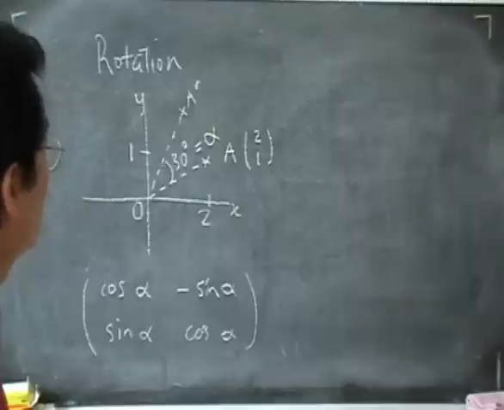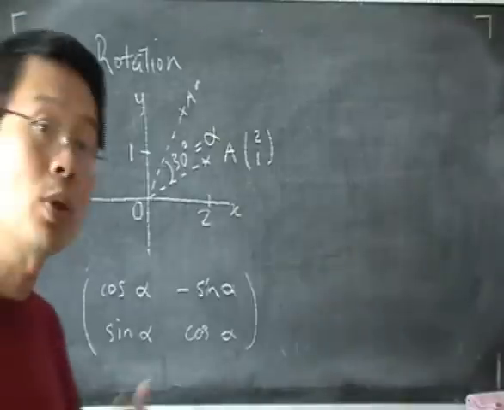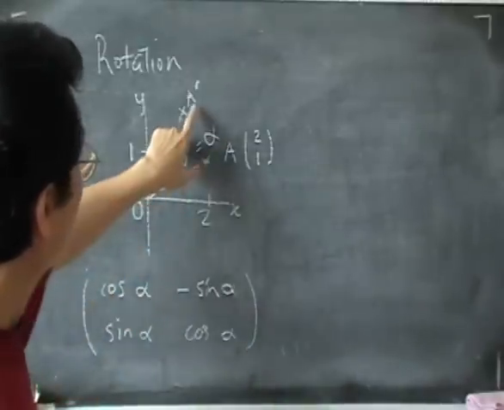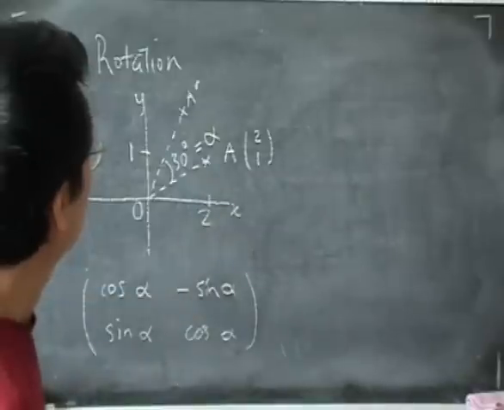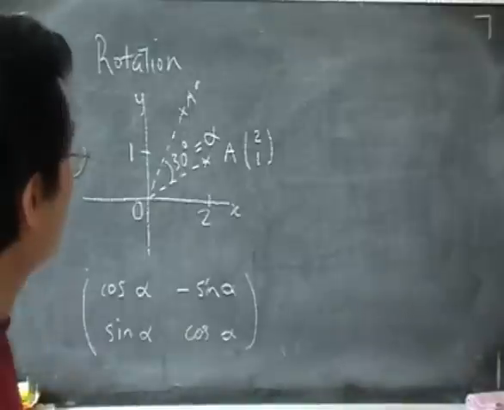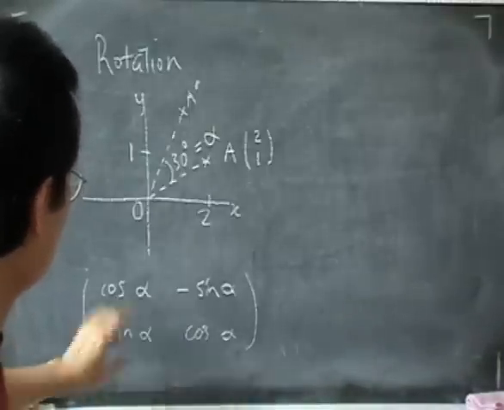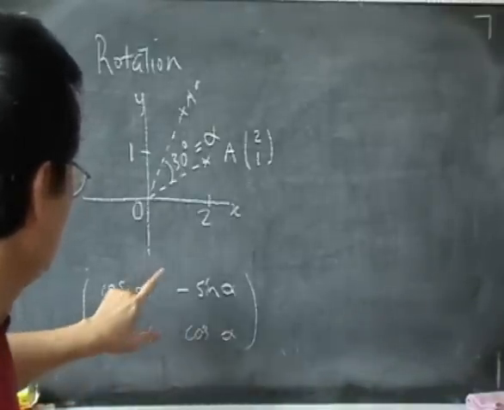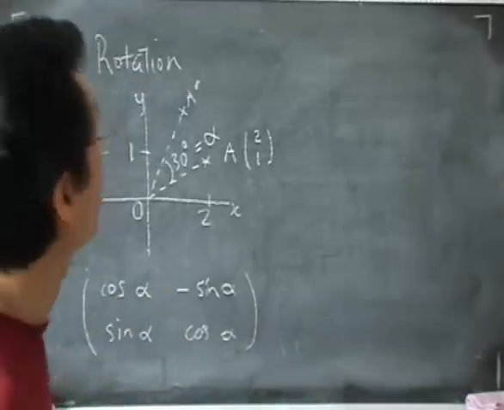So let's work this out. Let's calculate this and find out where that point is, where the image is. So to make things easier, I'm going to start by finding cosine and sine 30 degrees first.